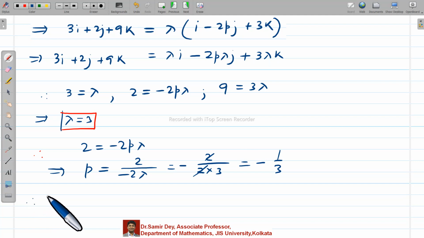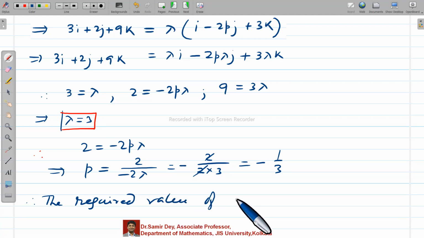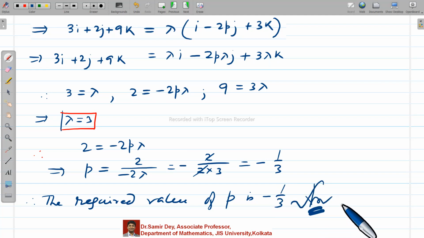So therefore write down, the required value of p is minus 1 by 3. Clear? If both are parallel, then alpha should be equal to lambda beta. It's very easy.